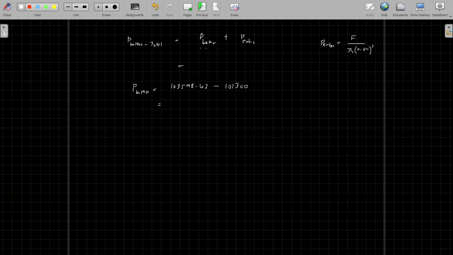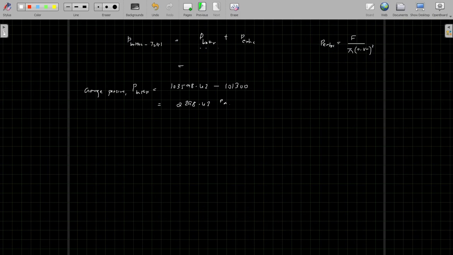So if I subtract this, I get here 2000. So this is the gauge pressure, 2298.42 Pascal. So this is the gauge pressure of the bottom.